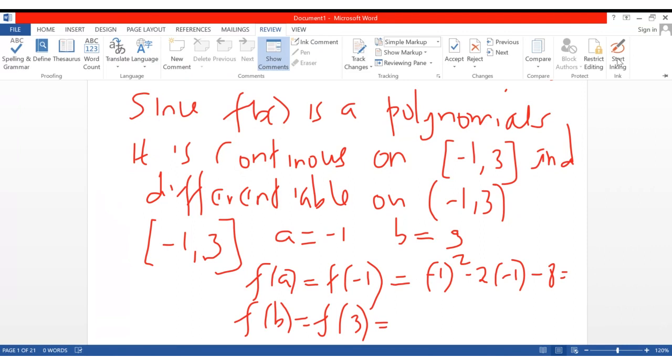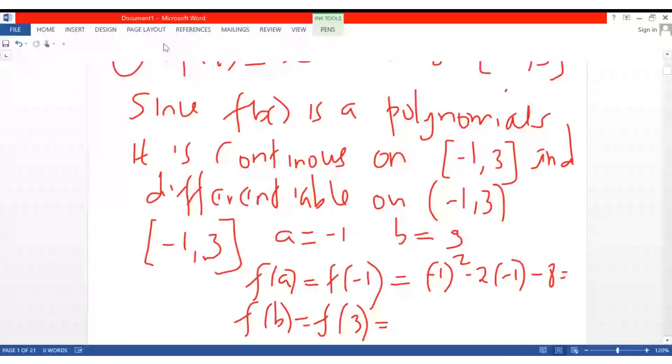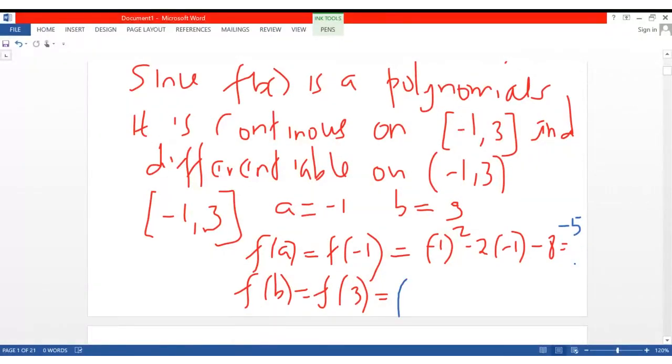Putting here negative 5. So I do this other one of 3. Again, I replace 3. So I have 3 squared minus 2 times 3 minus 8. 3 squared, that is 9. 9 minus 6, that is 3. And then you get negative 5 for that one.